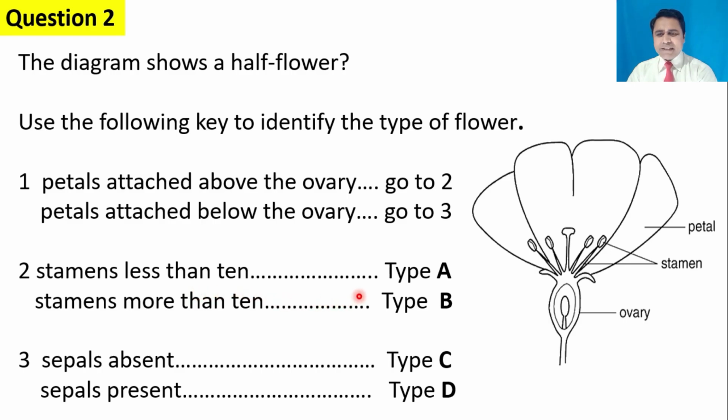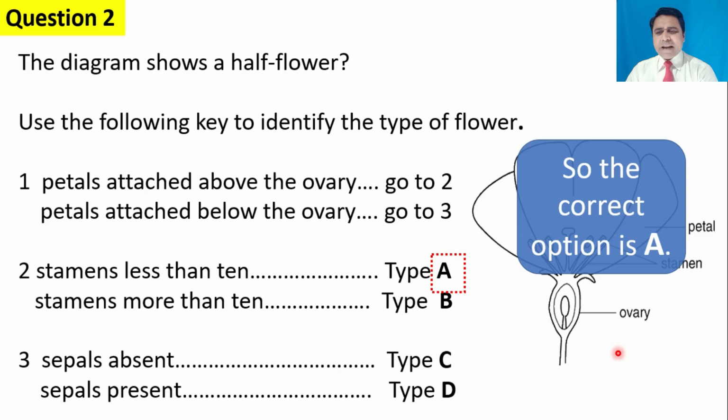We will count the stamens. These are stamens 1, 2, 3, 4. 4 stamens in half flower. So the number of stamens is less than 10. So type A is the answer. The correct option is A.